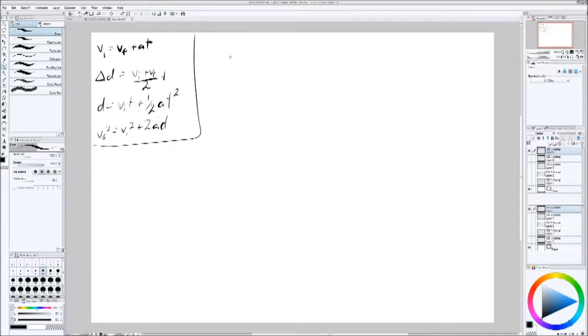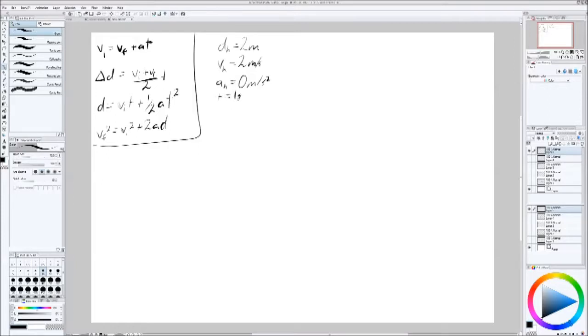So if I remember correctly, the distance in the horizontal direction was equal to 2 meters. The average velocity in the horizontal direction was 2 meters per second. And the acceleration, because we said we won't worry about friction or anything like that because that makes things messy, is 0 meters per second squared, and the time was 1 second.